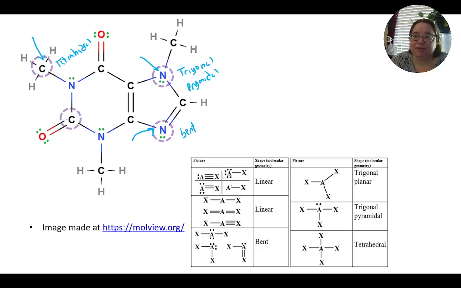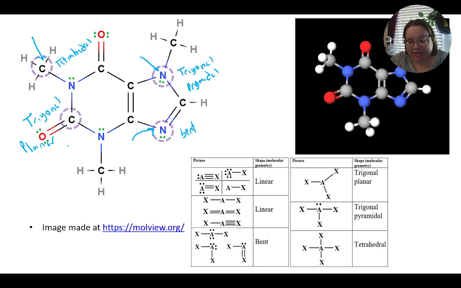And last but not least, one of the carbons on the bottom left. Carbon has no lone pairs, has 3 bonding domains, therefore it must be trigonal planar. So that means that those nitrogens and that oxygen, they are all on a single plane.